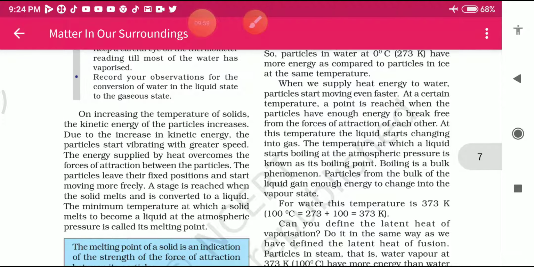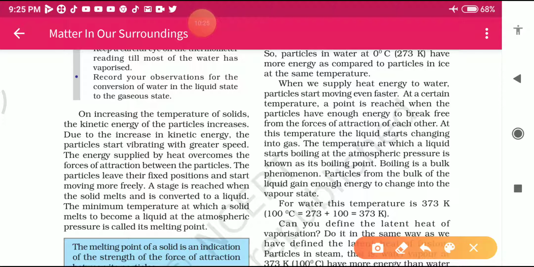It means when we supply heat energy to water, the particles start moving faster, and at one point the force of attraction between the particles starts to break down. Then the temperature at which a liquid starts boiling at atmospheric pressure is known as its boiling point.